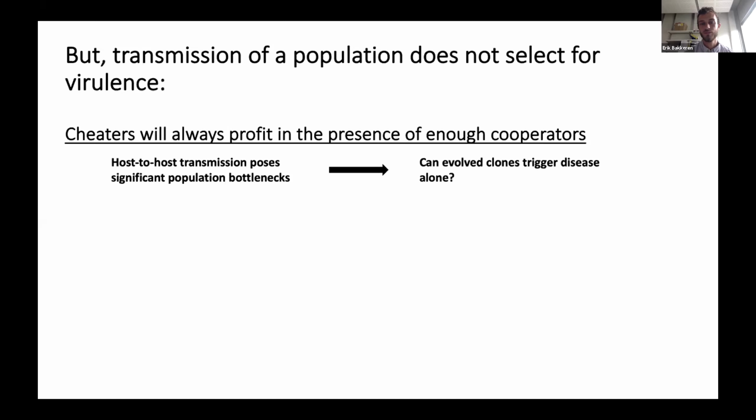This comes from the environmental step in between transmission, or cases where you have an intact microbiota and these clones have to actually fight to establish themselves. So the question is, can we artificially make the transmission bottleneck narrower? What we can do is take evolved clones from the previous experiment and infect them as single infections, to simulate this tighter transmission bottleneck.